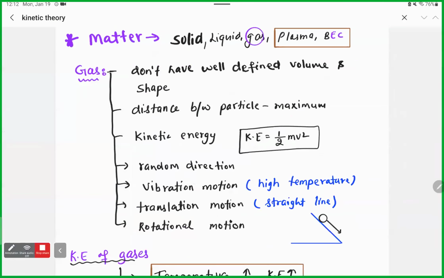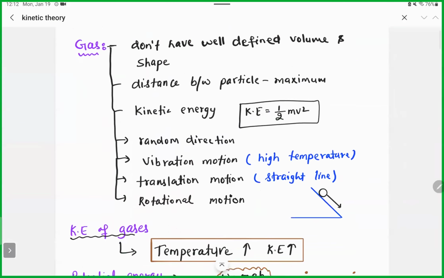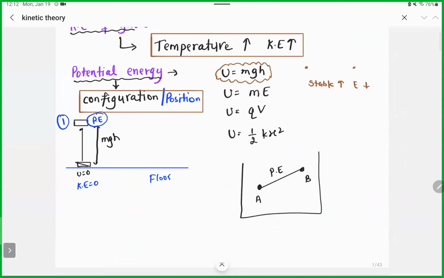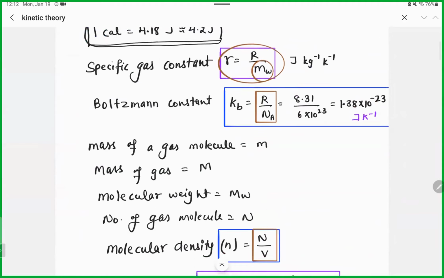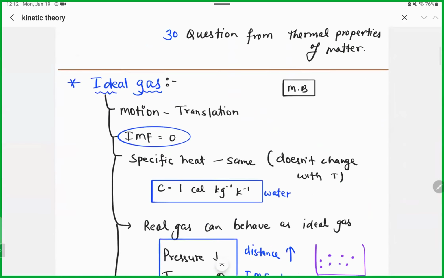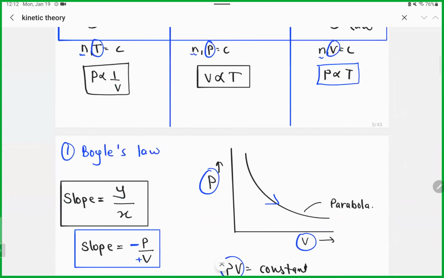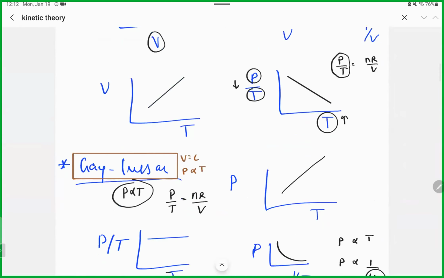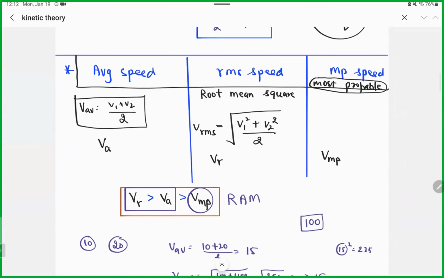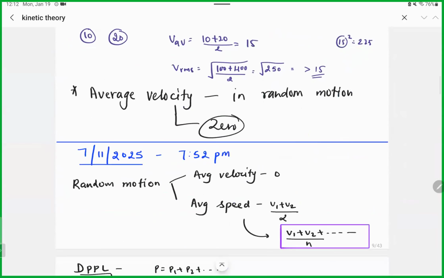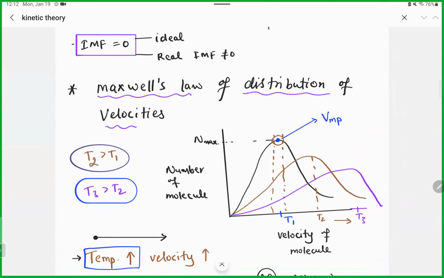Look at this, guys, we did kinetic theory. Yes or no? Was it the same curve?